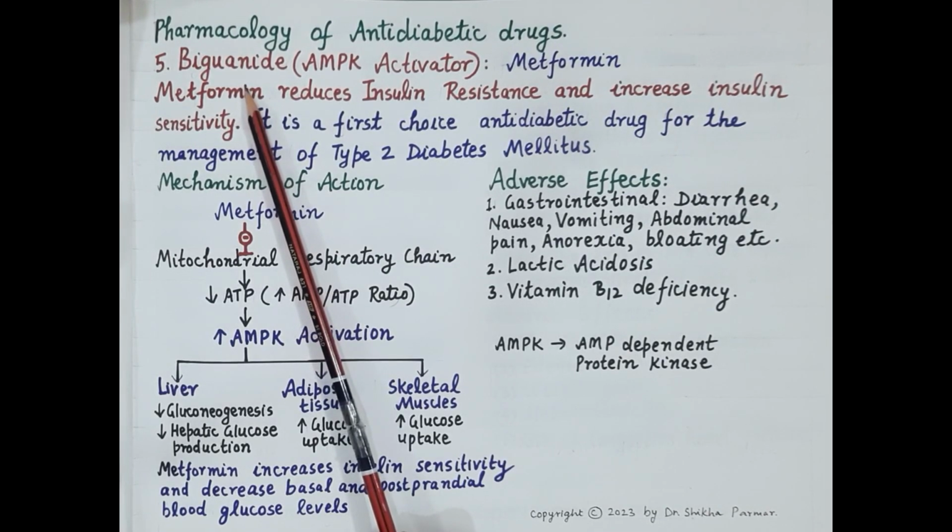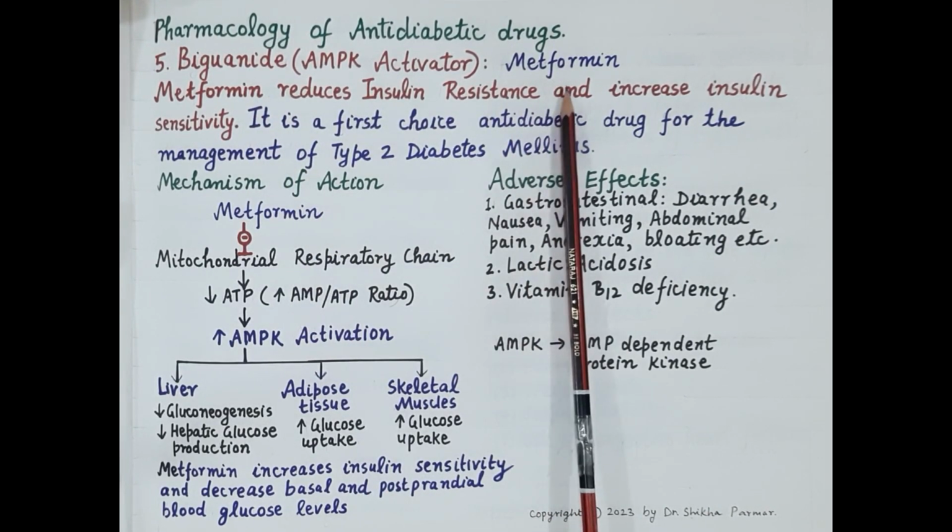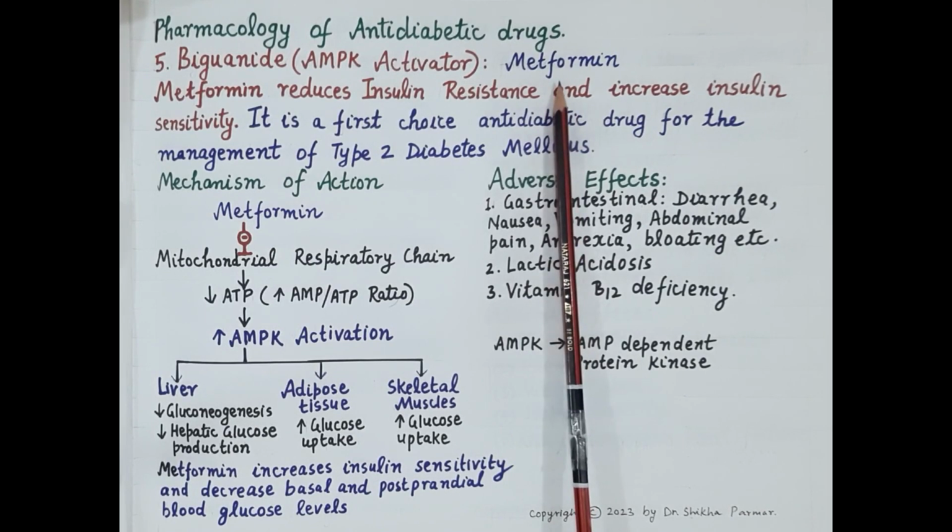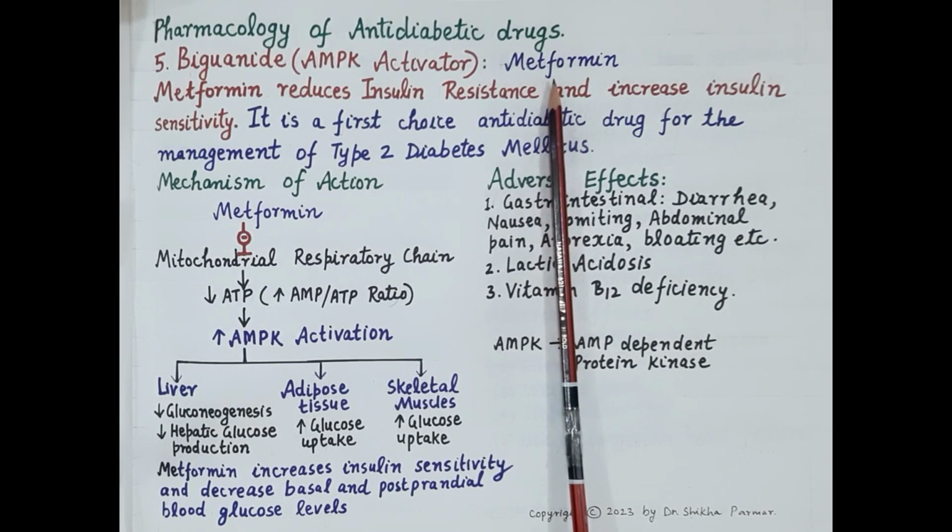Now, biguanides include only one drug, that is the metformin. So, metformin reduces insulin resistance and increases insulin sensitivity. Now, very important, metformin is the first choice oral anti-diabetic drug for the management of type 2 diabetes mellitus.